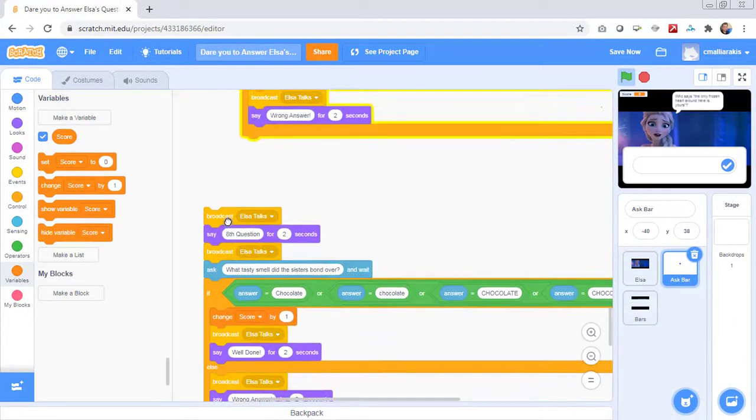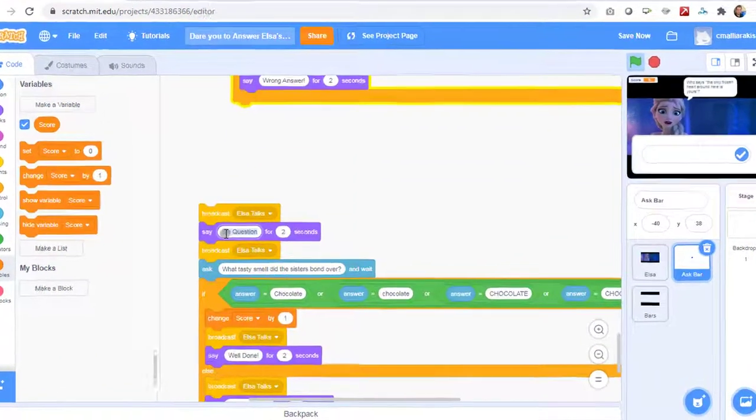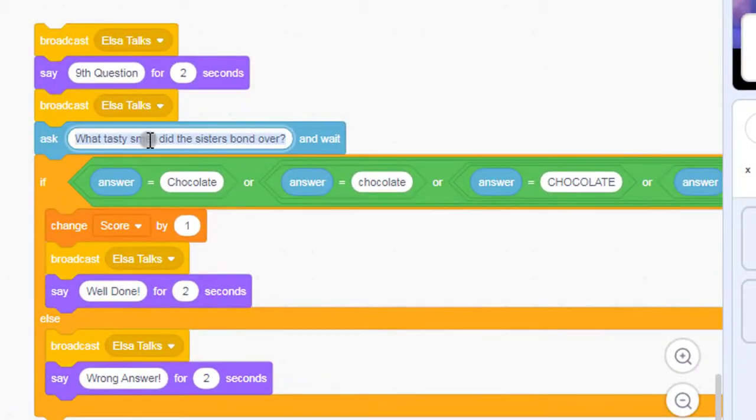I will drag it and drop it right here. Ninth question. Ninth question will be a little bit easier. What is the name of Christoph's reindeer?